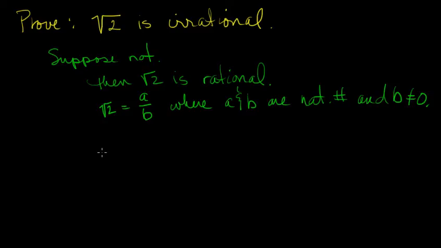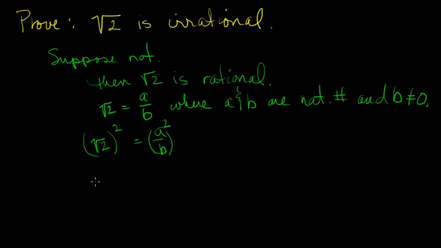Well, now let's multiply both sides by b and make a few algebraic steps here. Let's square both sides first. You could do either, but if those two numbers are the same, then if we square both sides, we still have equals here.